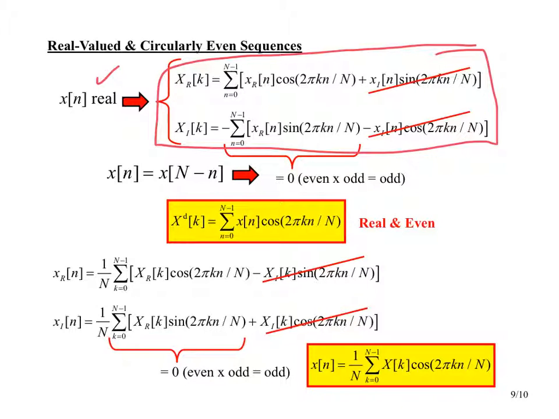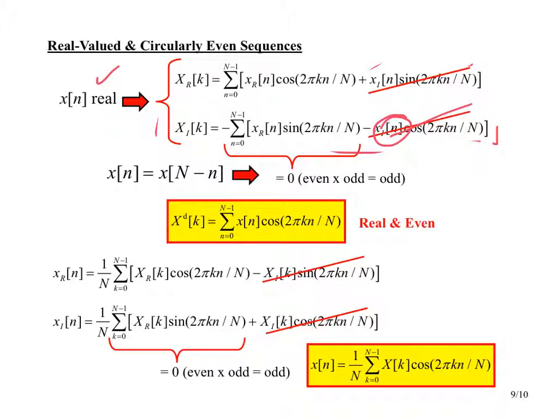In general, x of n being real means that these two things will be equal to 0, so these terms will go away. Once we have that, we can focus on the first term in each of these. So we can now focus on this, and we can focus on this.